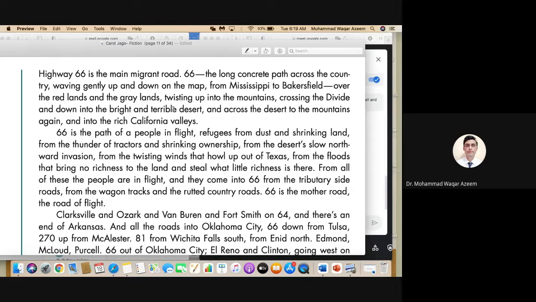Now, not every text would have it, but many texts will have this kind of description. Sometimes we just take that description for granted. For example, think of Wuthering Heights.